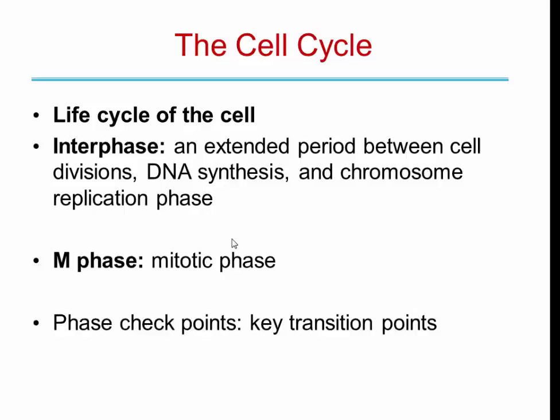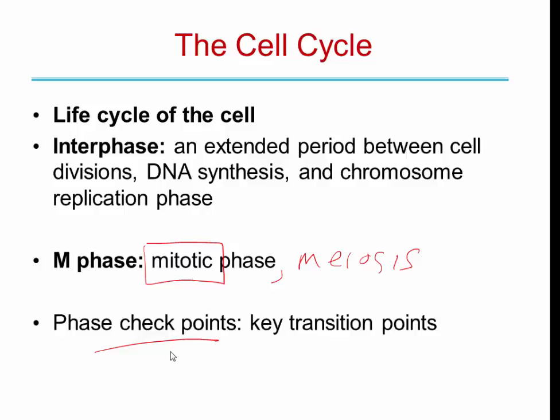But it's also useful to think about the cell cycle for lots of different reasons. In this case, we're going to talk about it in terms of cell division. And M phase can be mitosis or meiosis, depending on the cell cycle. Checkpoints are important. We think of these mainly in terms of mitosis, and we'll talk about those in a minute.